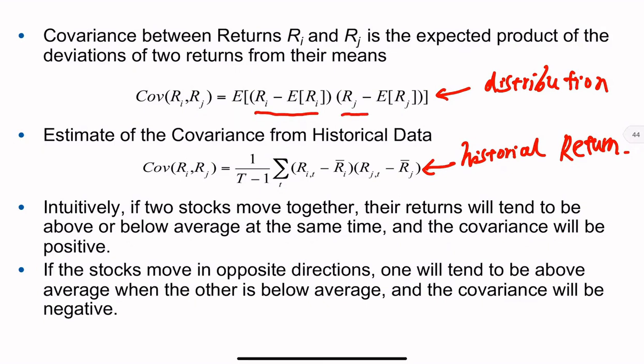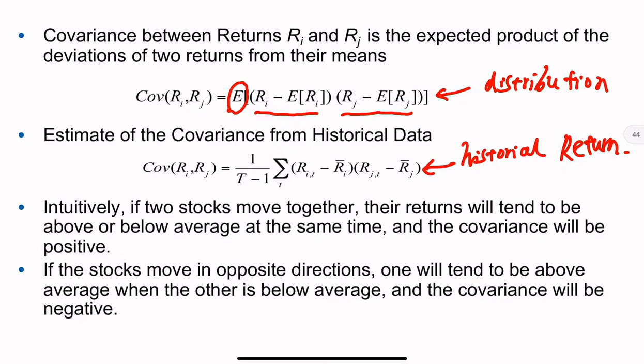And the second part is the deviation of return J from its expected return. Then you multiply these two deviations, and you calculate their expectation, right? So this gives you the calculation of covariance.